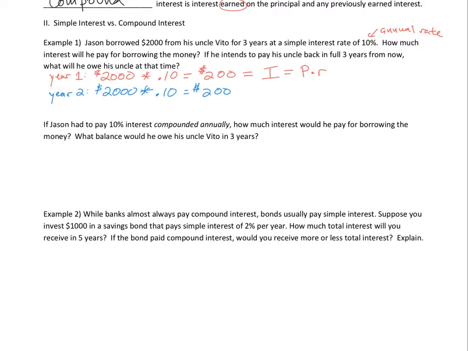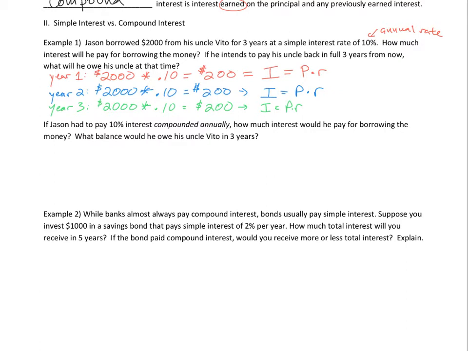Because Jason only owes Uncle Vito the $2,000, he keeps paying the 10% of that $2,000. So another $200. So again, this is another interest equals P times R. Well, if it's going to be the same for every single year, year 3 will look exactly the same.